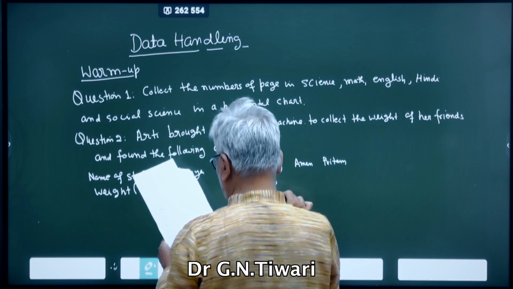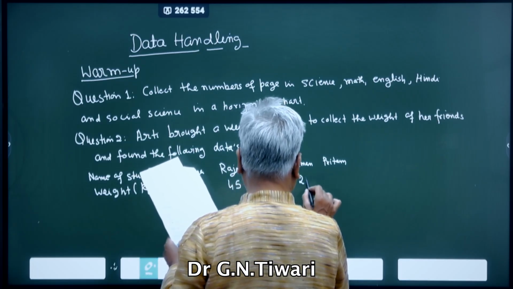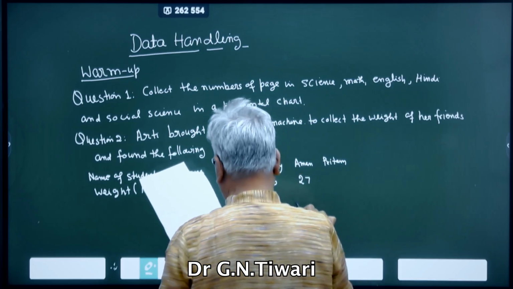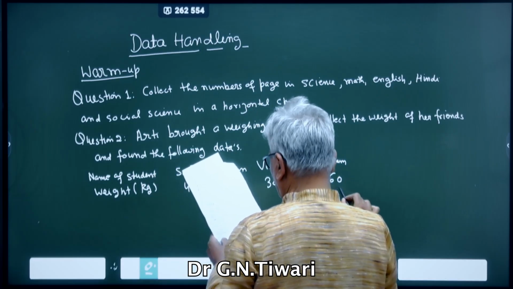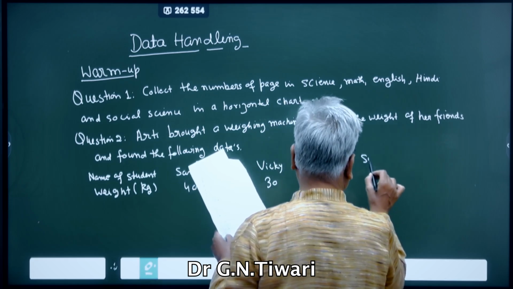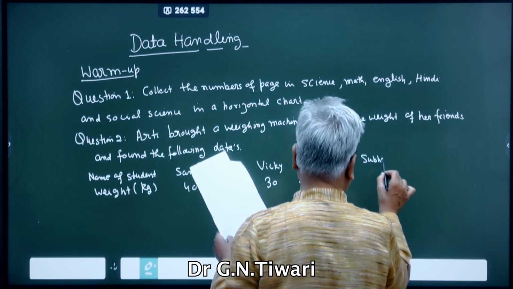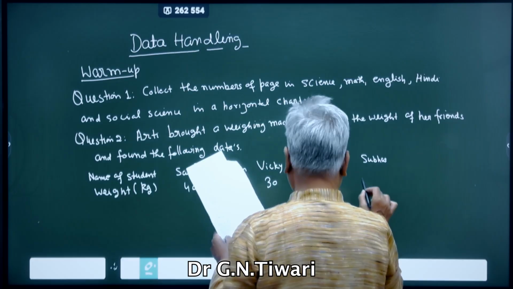Vicky is 30, Aman is 27, and Pritam is 60, and Subhash has 32.